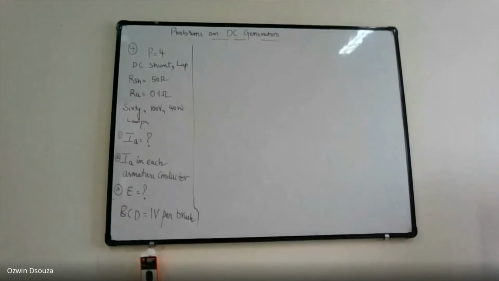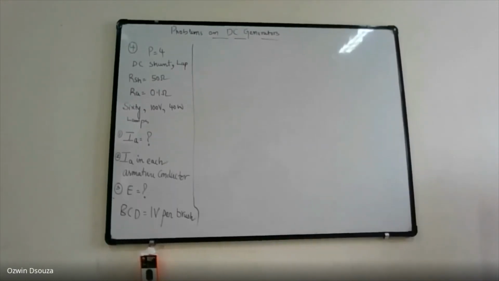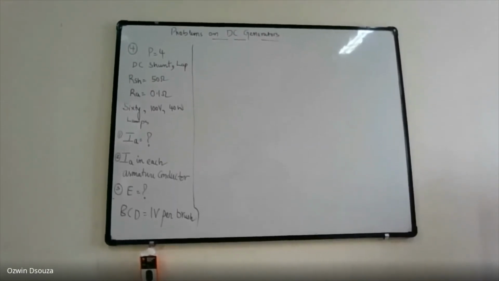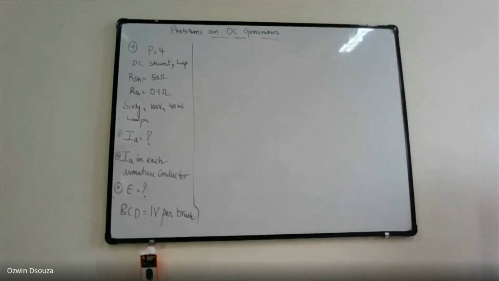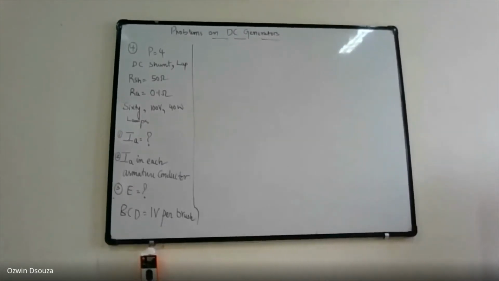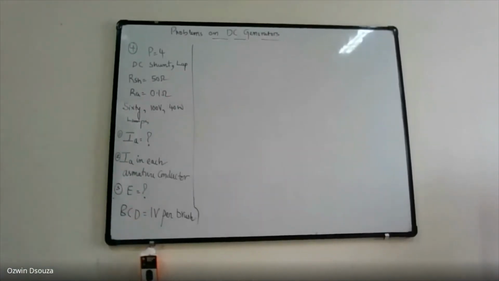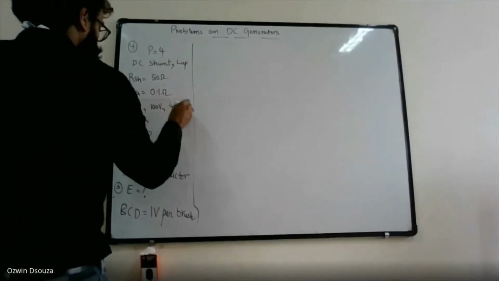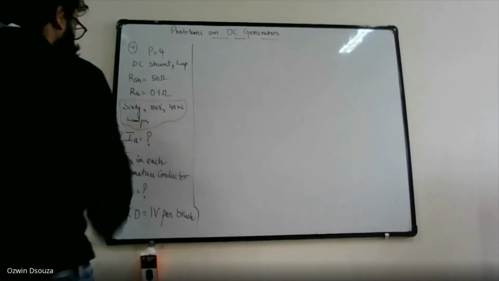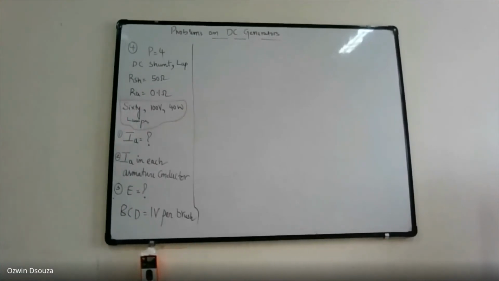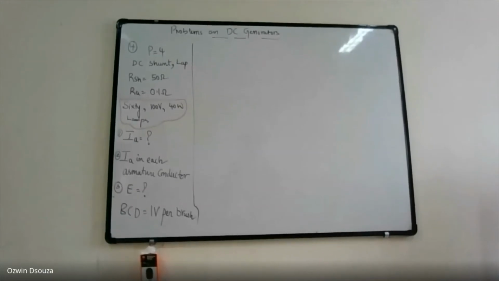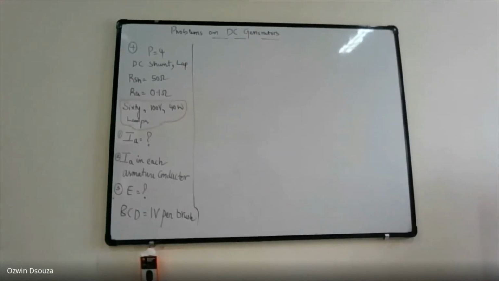And this generator is supplying 60 lamps, and each lamp has a rating of 100 volt, 40 watts.